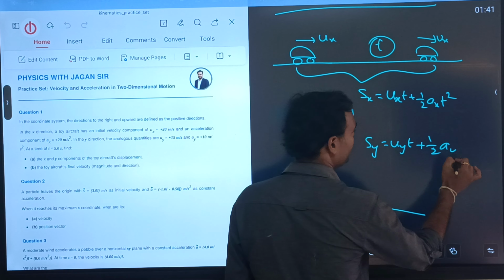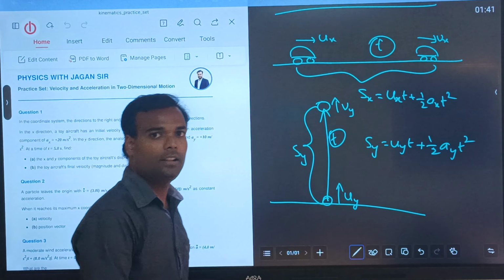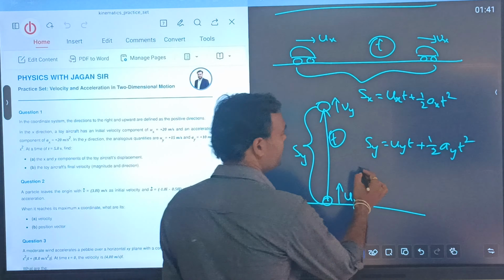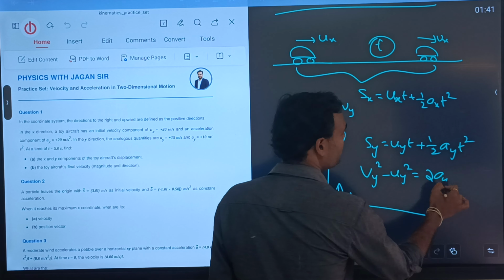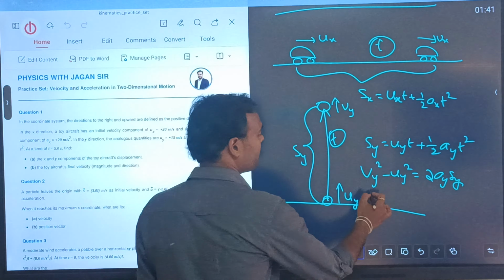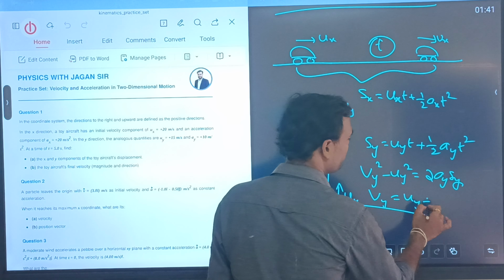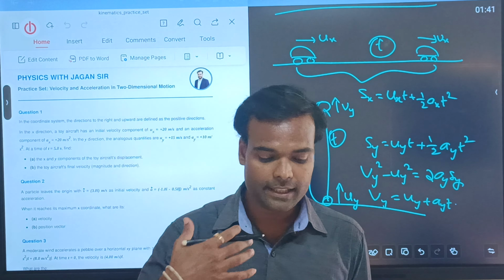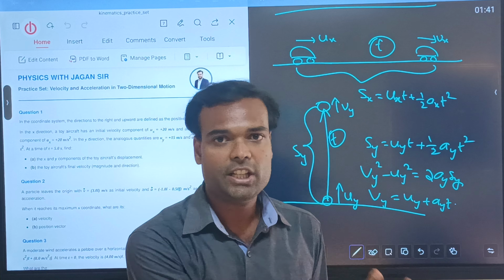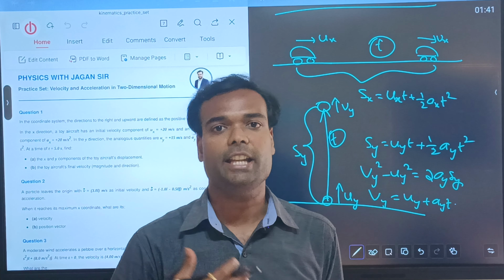Then similarly, vy² - uy² = 2ay sy. Similarly, vy = uy + ay t. These are the formulas we are representing in the horizontal direction as well as in the vertical direction.